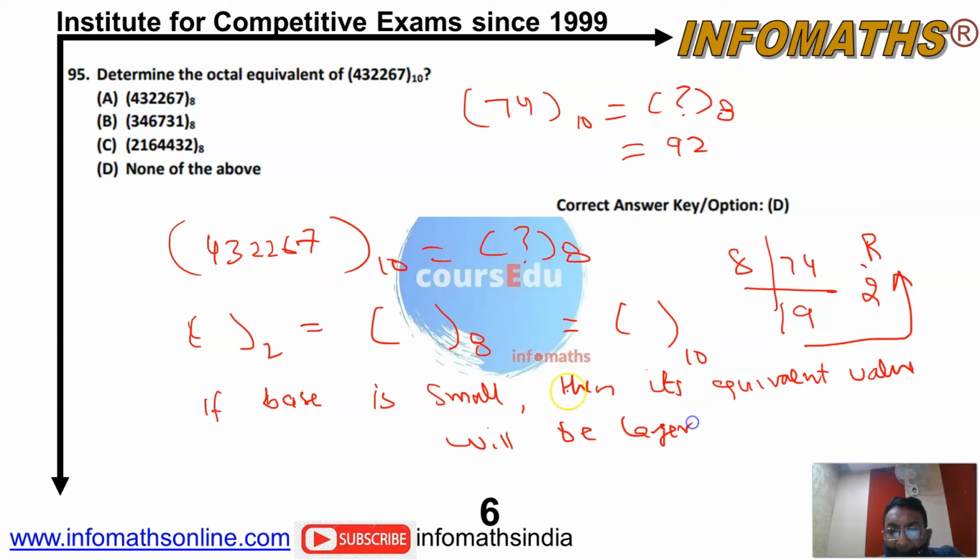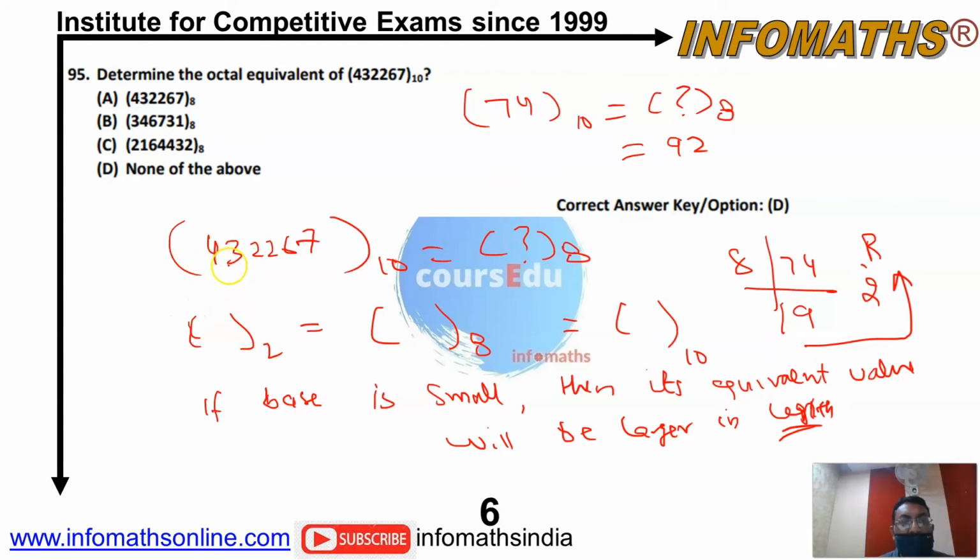So that is the relation between the various bases of the number system. If you use a small base, that number will be very large in digits, larger in length. Okay, now I think you have got it. Now I tell you the simple answer of this question.